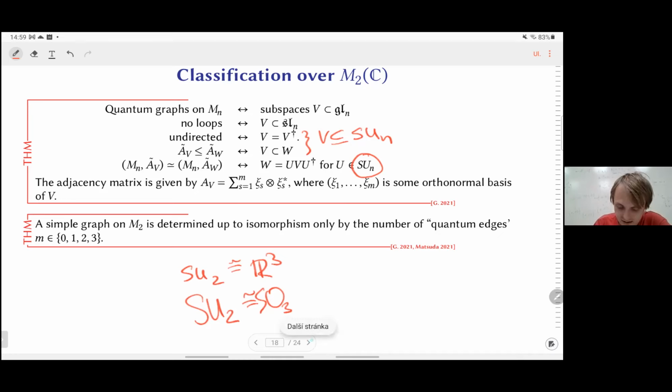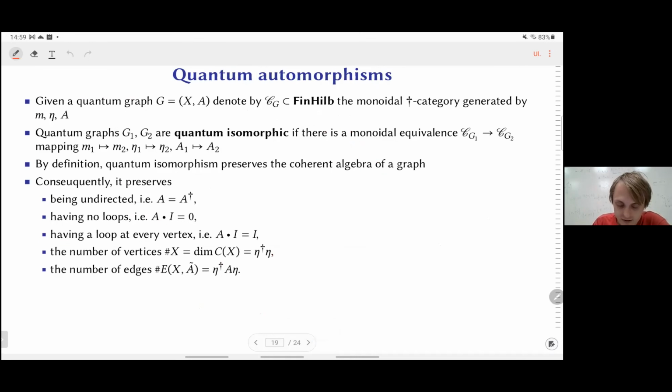So now, just quickly, to go to the second topic, which were those twists of Cayley graphs of abelian groups. There's the notion, oh, sorry, there should be quantum isomorphisms here. There's a notion of quantum isomorphism, which is basically some monoidal equivalence of some categories associated to those quantum graphs.